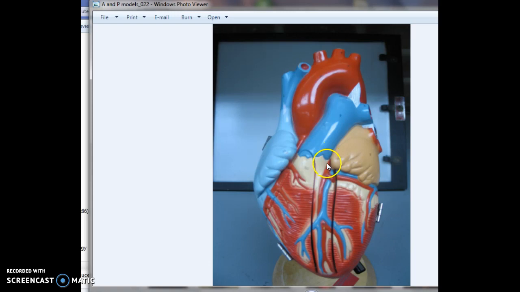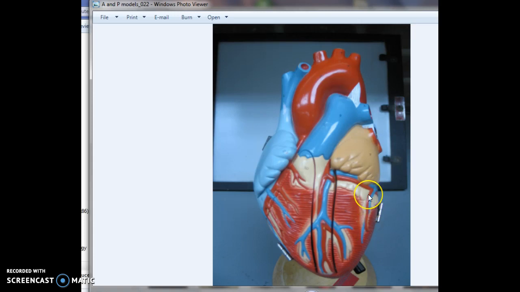And again, this is actually coming off of the aorta. It's going underneath the pulmonary trunk. Now, this is going to go around the left atrioventricular sulcus, and it's called the circumflex because it circumnavigates.